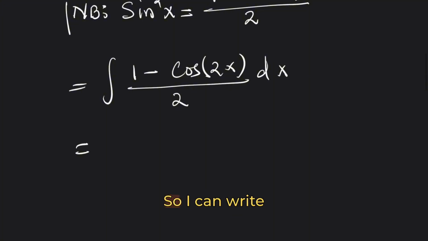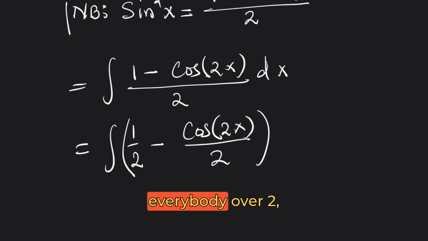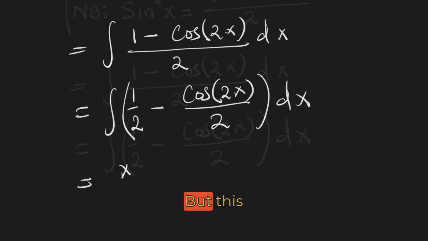I can write this as the integral of 1 over 2 minus cosine 2x over 2, with respect to x. But this should be very simple.